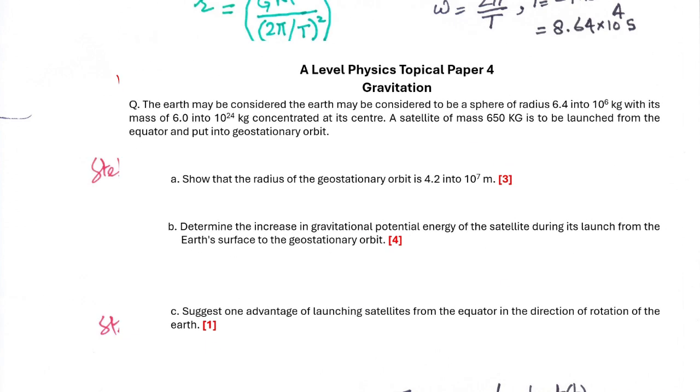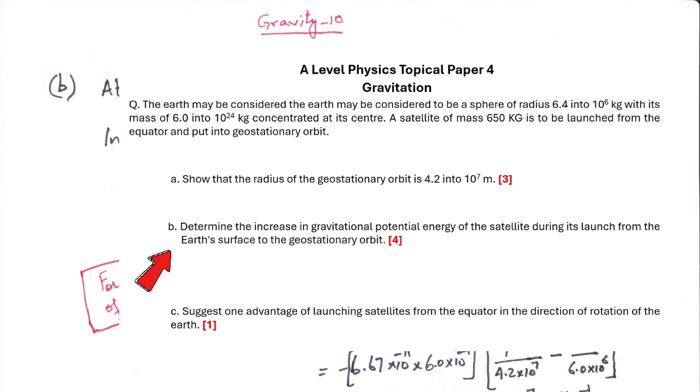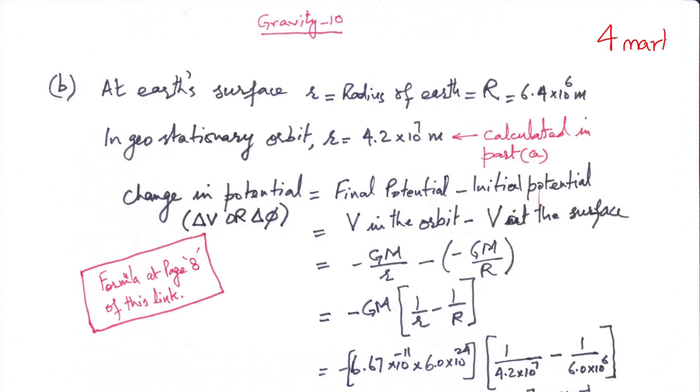Part B is for 4 marks. So you have to do all that I have done in this. If you have to calculate the change in potential while the satellite is taken from the Earth's surface to its orbit, then the change in potential will be final potential minus initial potential. Final potential will be in the orbit and initial potential at the surface.